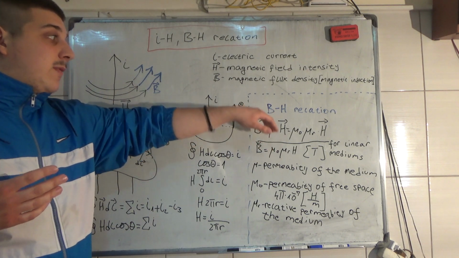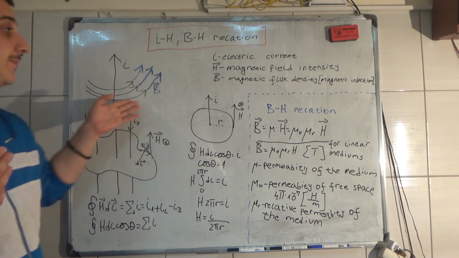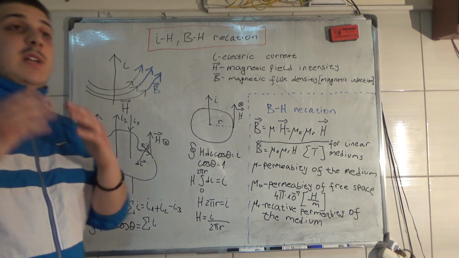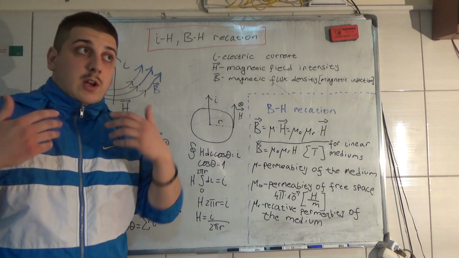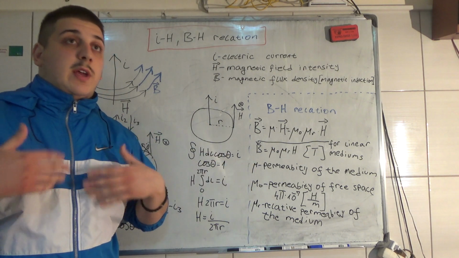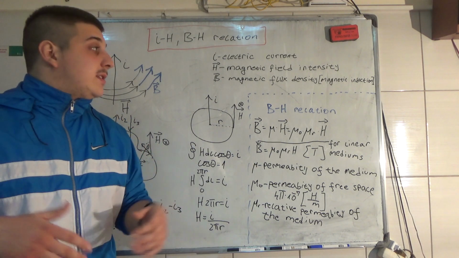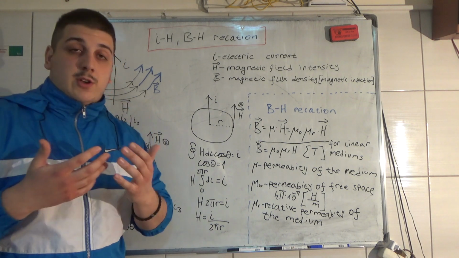B, magnetic flux density, is also a vector, and because we are going to learn magnetic circuits, we are going to calculate the magnetic fluxes, the density of fluxes in linear mediums.